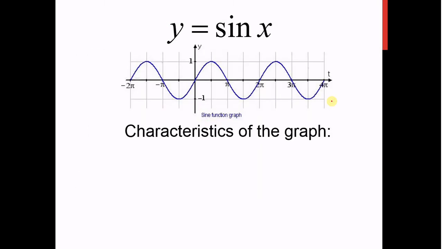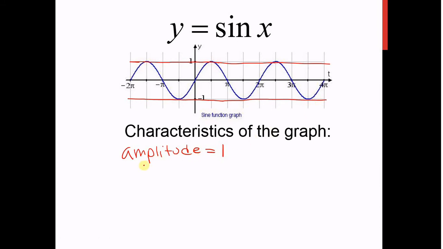So let's first take a look at sine. Sine has some pretty interesting ideas. Original sine has an amplitude of 1, so it's going to go up and down on 1 and -1.